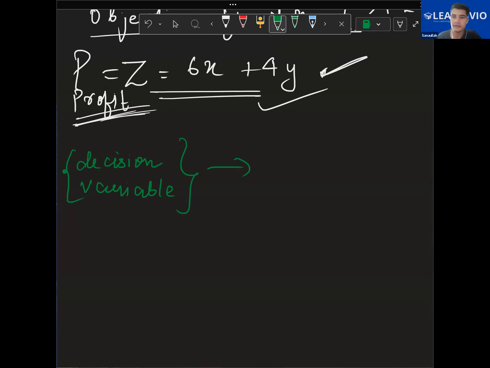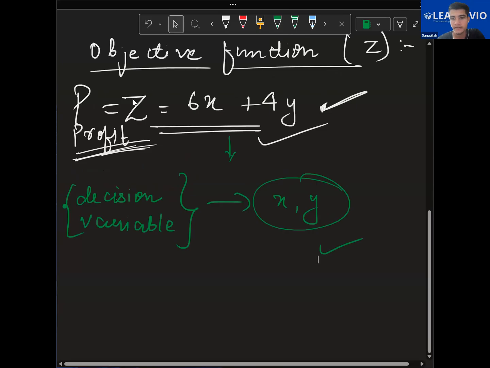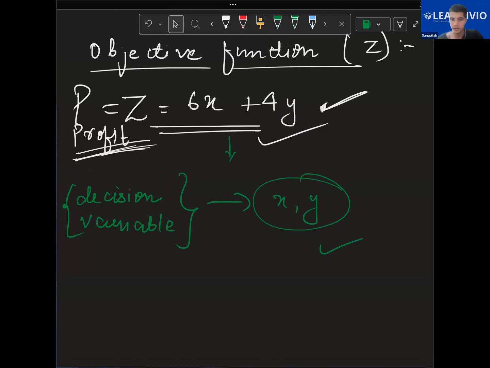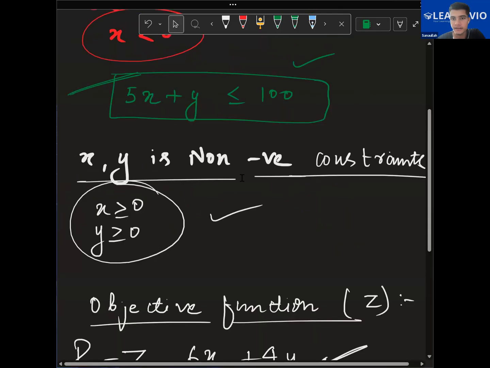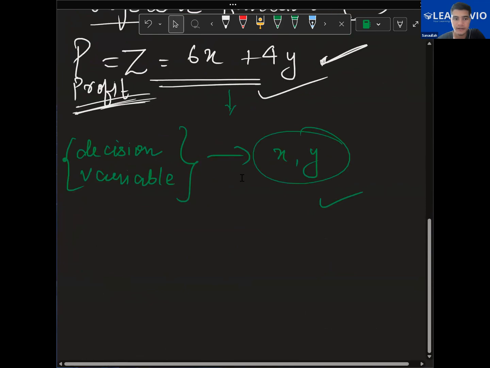Like over here in z I have used x and y. So for this equation my decision variables are x comma y. Why decision? Because the whole objective function depends on these values of x and y, right? That's why these are known as decision variables. And you already know what is constraint, that is already explained to you.